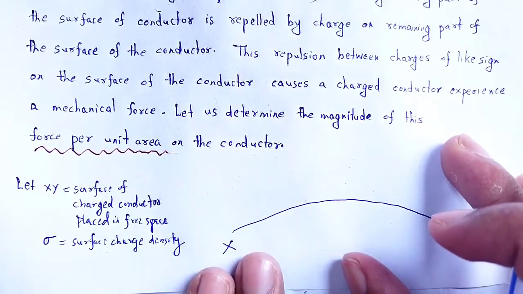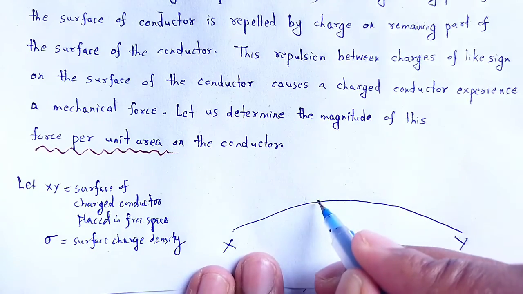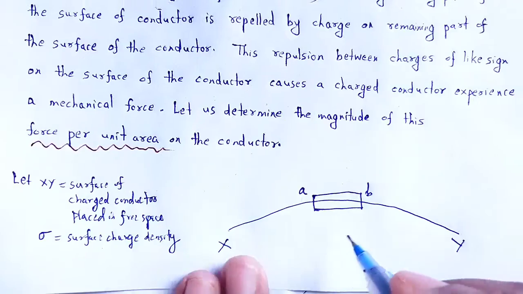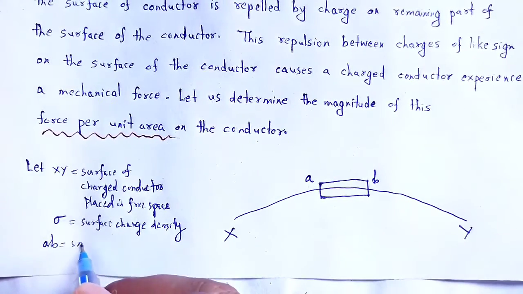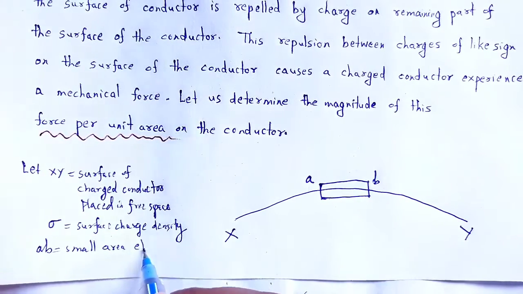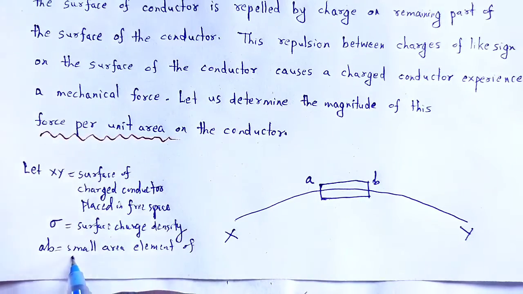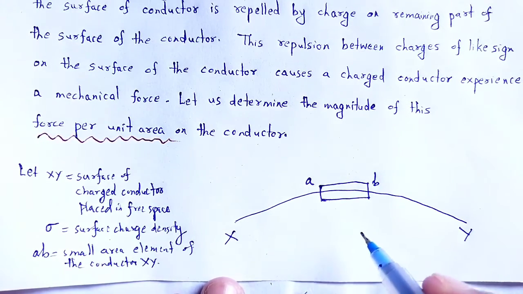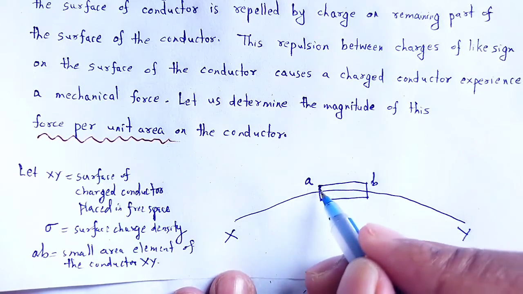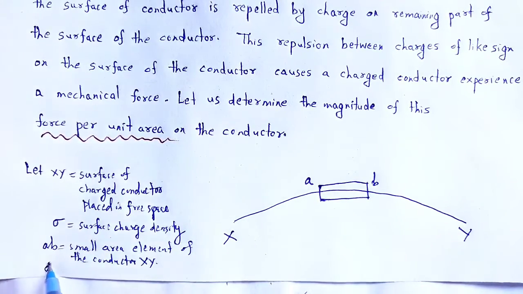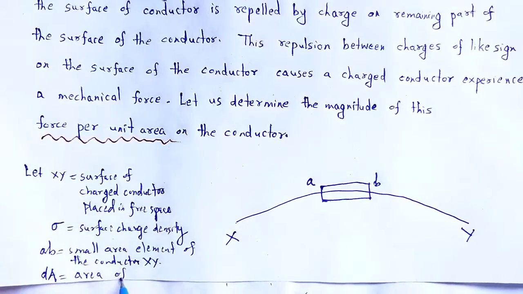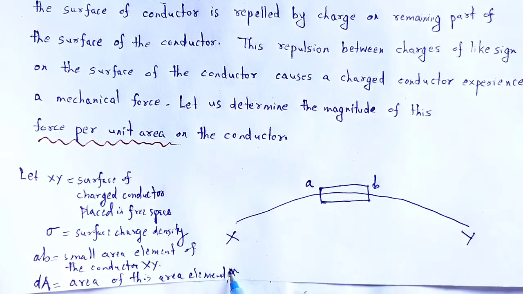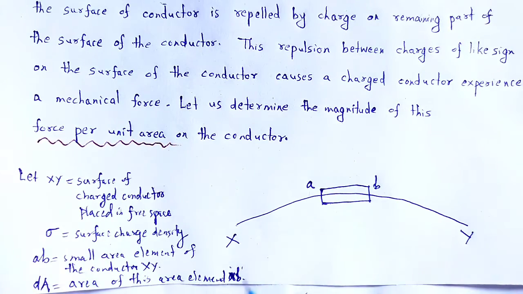Let us consider a small area element, named AB, of the conductor XY, and let the area of this area element be dA. AB is the small area element and its area will be dA.